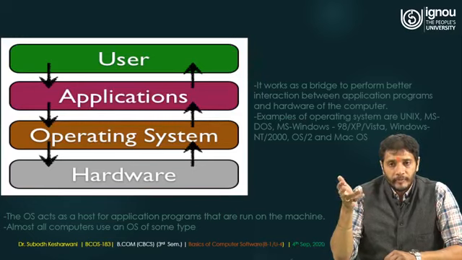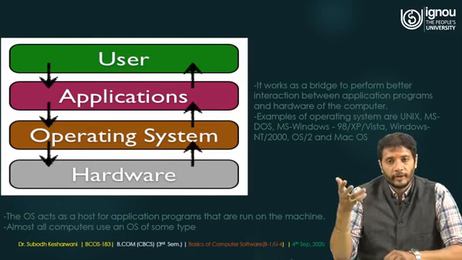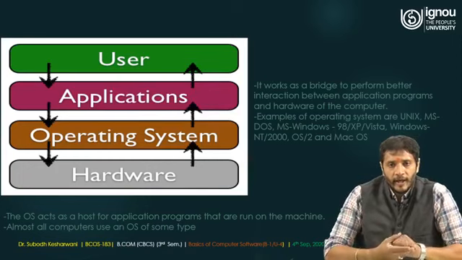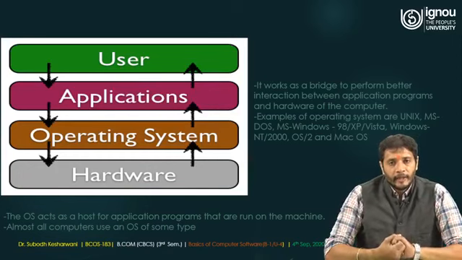Then we observed that MS-DOS was there, which was in CUI format, which we usually call command user interface. And then we have right now MS Windows, Microsoft Windows, which was a graphical user interface model. Then certain versions were there: 98, XP, now 10. With the change of time, the operating system has also changed.